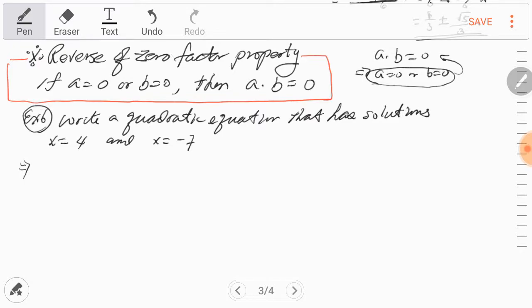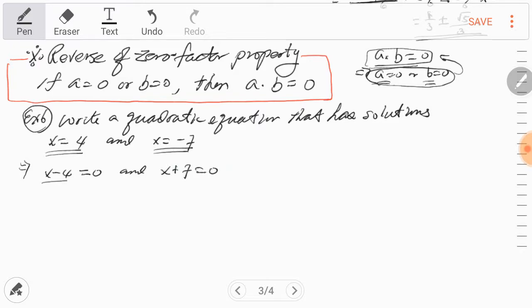So we have an equation, right? If a equals 0 or b equals 0, then a times b equals 0. Write a quadratic equation that has solutions x equals 4 and negative 7. So x equals 4, let's move 4 to the left. Then what? x minus 4 is equal to 0. And move negative 7 to the left, then x plus 7 is equal to 0.